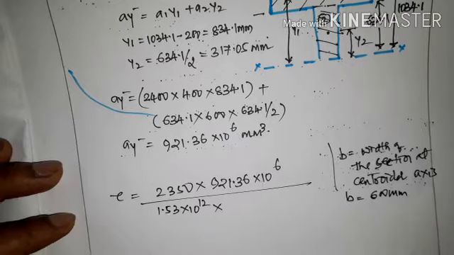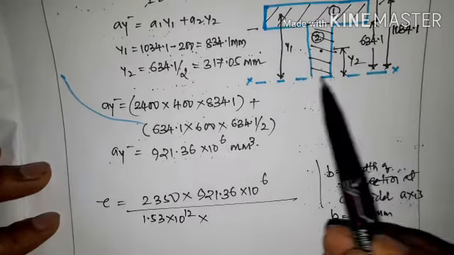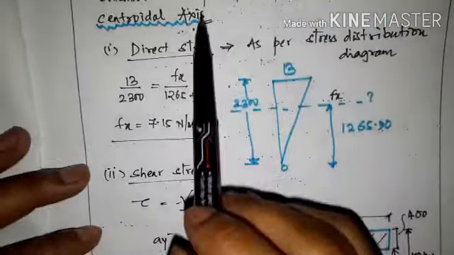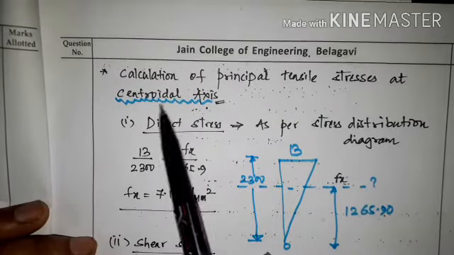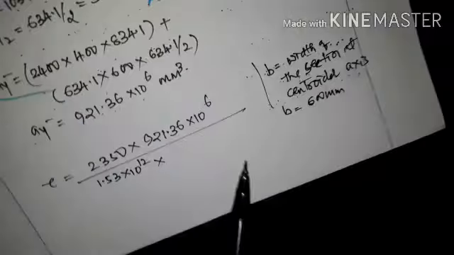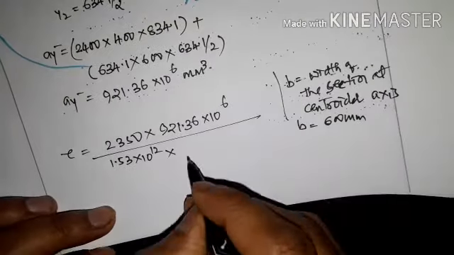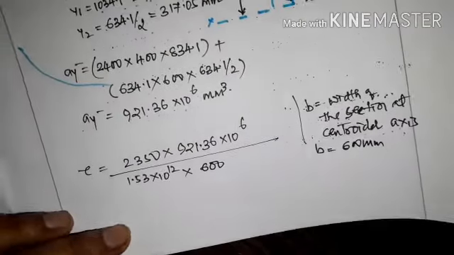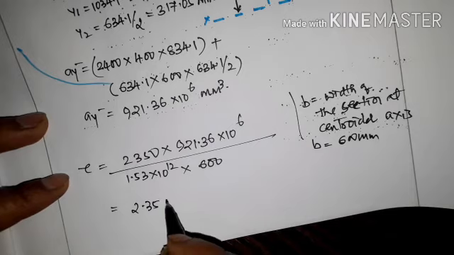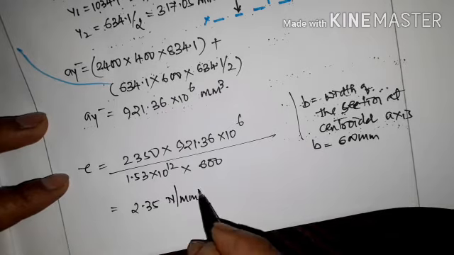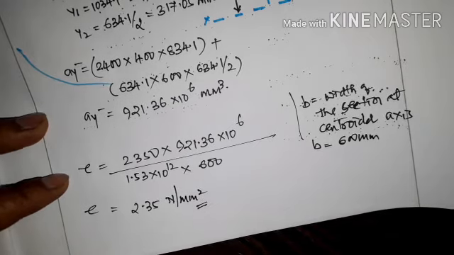Because we are considering the section at the centroidal axis, since it is given to calculate principal tensile stresses at the centroidal axis. So B with respect to the centroidal axis is 600. We'll get tau is equal to 2.35 Newton per mm square.